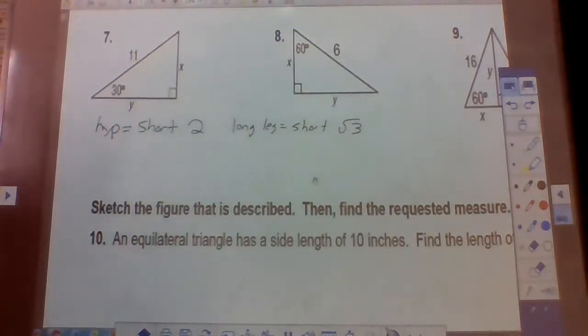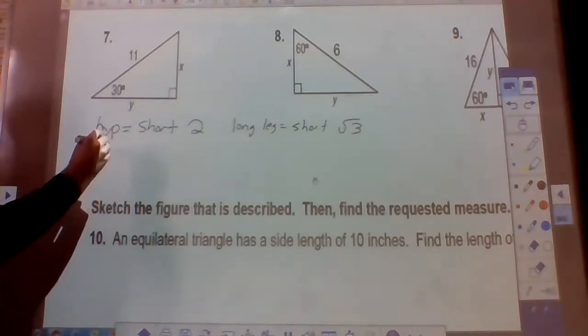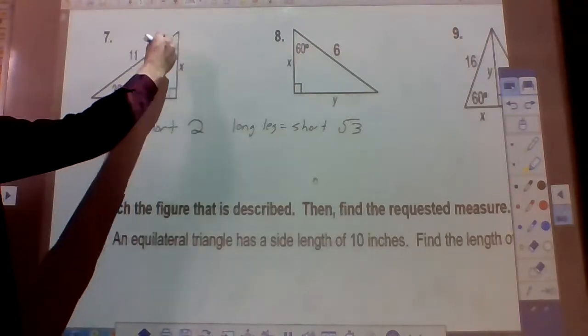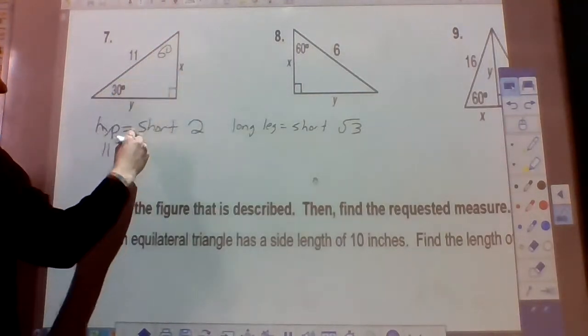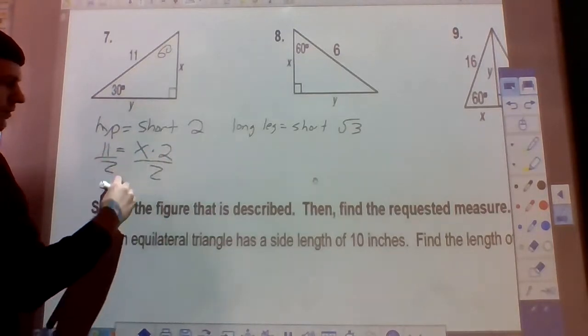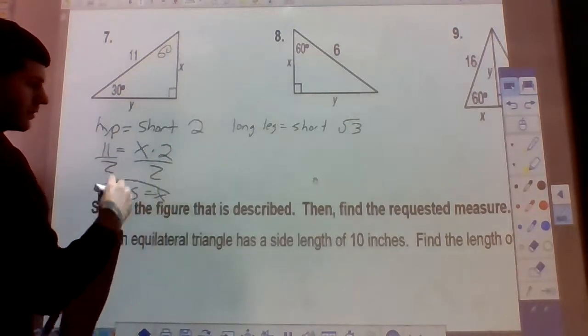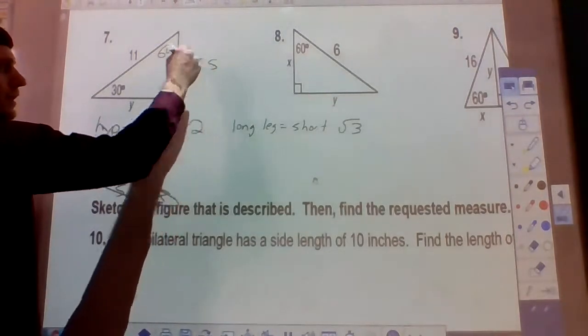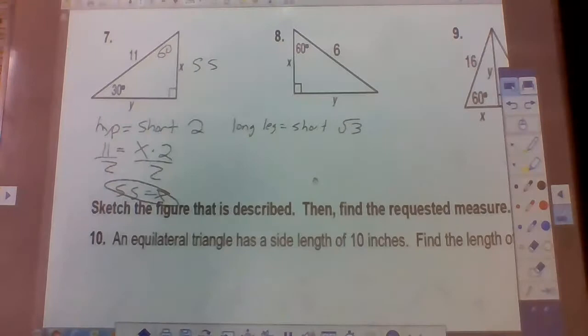So the hypotenuse is 11. The short leg is across from the 30-degree angle. So 11 equals x times 2. We can divide by 2. We get 5.5 equals x. Like the hypotenuse is double the short side.